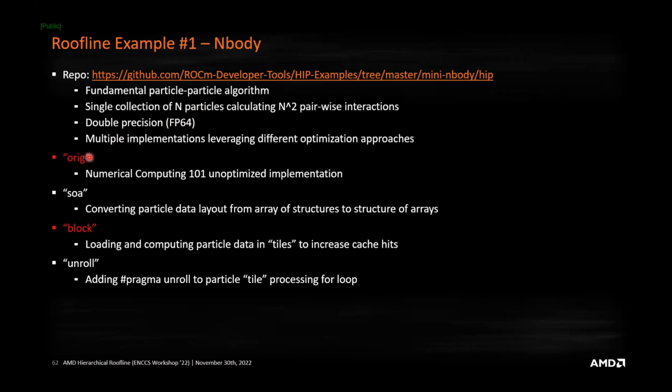So in this presentation, I'm going to cover the original implementation, which you can think of as what's taught in Numerical Computing 101. And then this blocking approach, where we are pulling in blocks of data from HBM into our LDS, and then operating on those blocks in shared memory. But then there are other implementations like an SoA conversion, and then loop unrolling.